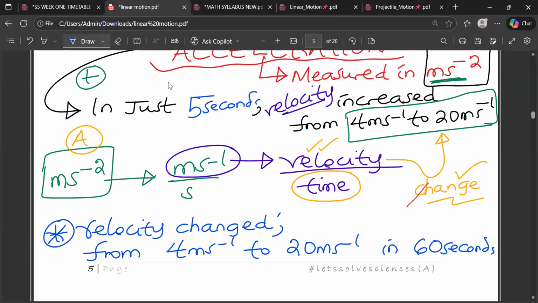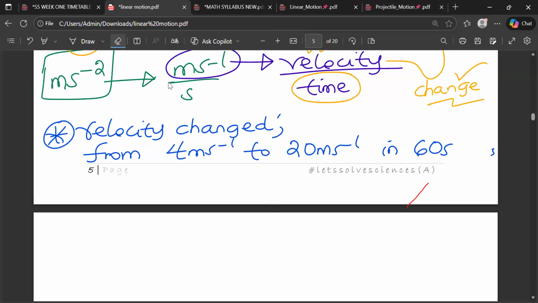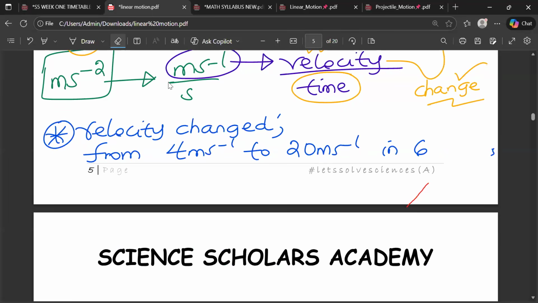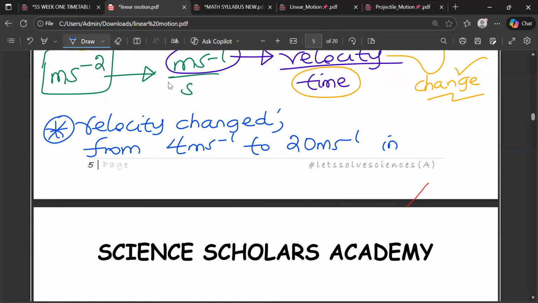Let me say in 5 seconds, the speed increased from 4 to 20. We have said the speed changed from 4 to 20 in only 5 seconds.